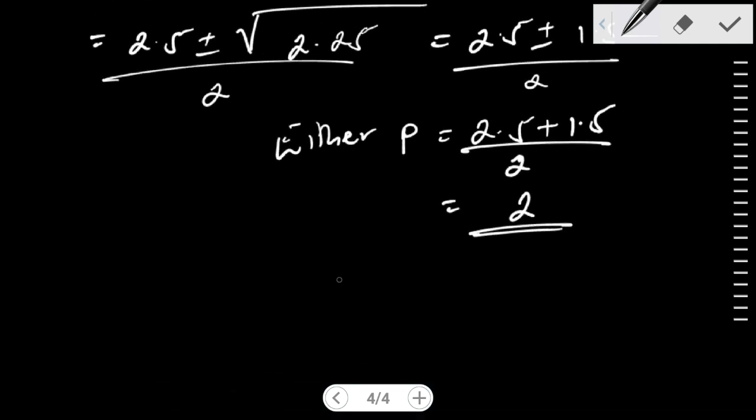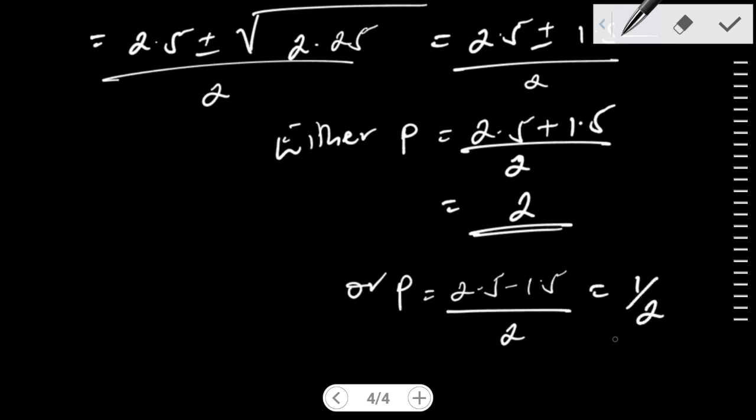And for the OR part, p would be equals to 2.5 minus 1.5 all over 2. And so this would give us 1 all over 2. And therefore these are the values of p.